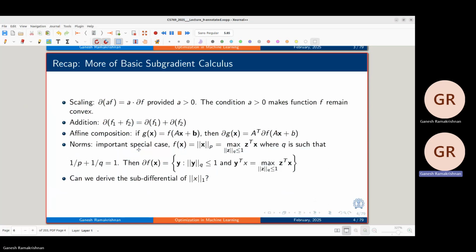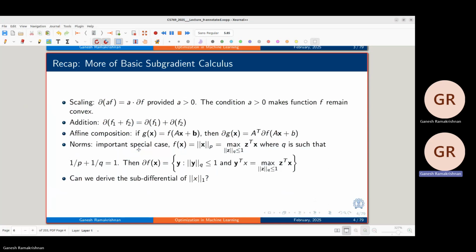Each entry is allowed to be less than equal to 1 in absolute value, right? It could be at most plus 1 or at least minus 1. Now, if I'm allowing this Z transpose X and I want the max value, it's but natural that I'll let Z be plus 1 or minus 1. Okay. We'll argue a little intuitively, but you can work this out. This is not so difficult, right?